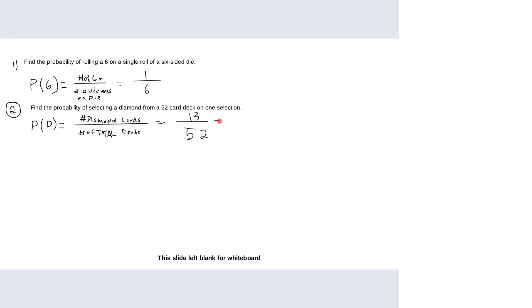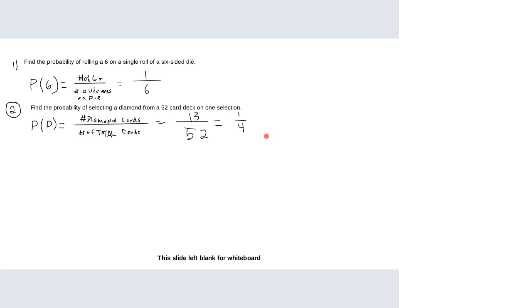All right, now, generally speaking, if you were asked to put it as a decimal, you would probably have to round it off. In this case, though, this is perfectly suited because 13 is a factor of the denominator, and 13 goes into itself 1 time and into the denominator 4 times.